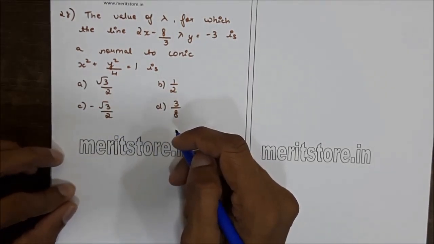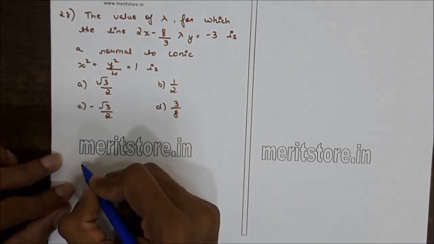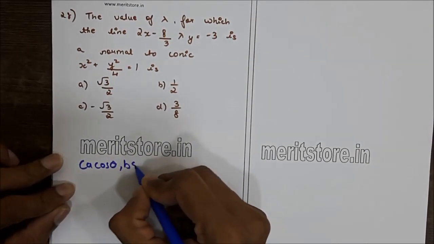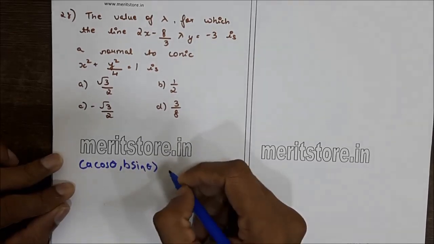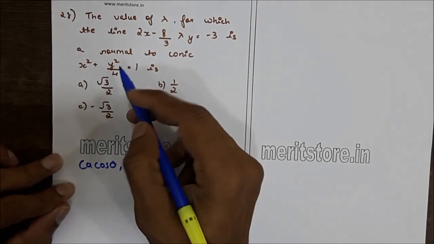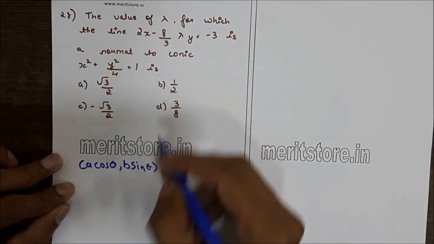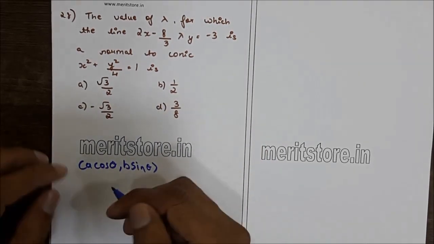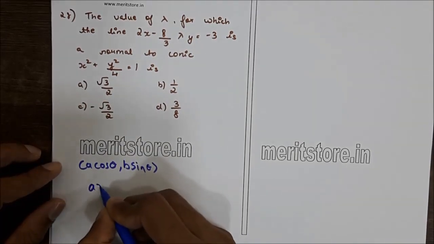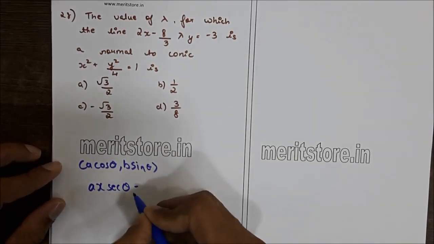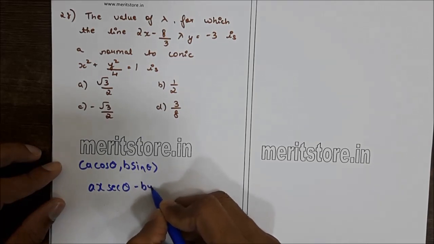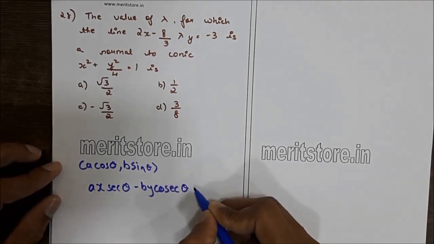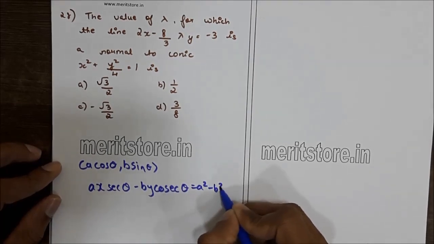We know that the equation of normal at point a cos theta, b sin theta on the curve x square plus y square by 4 equal to 1 is given by ax sec theta minus by cosec theta equal to a square minus b square.